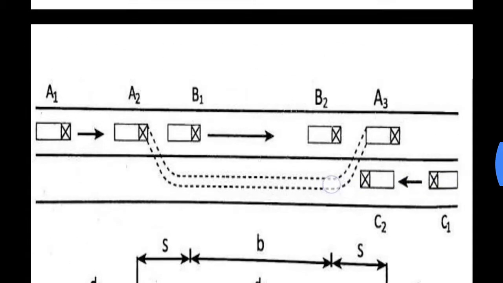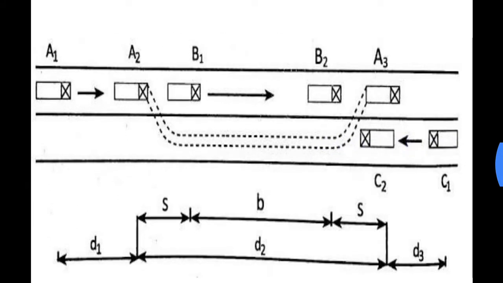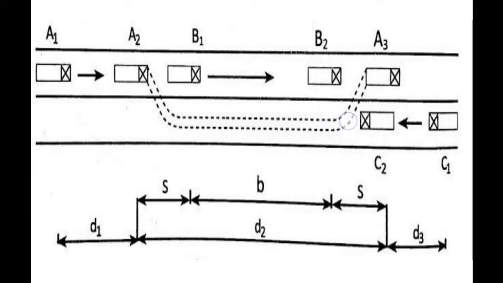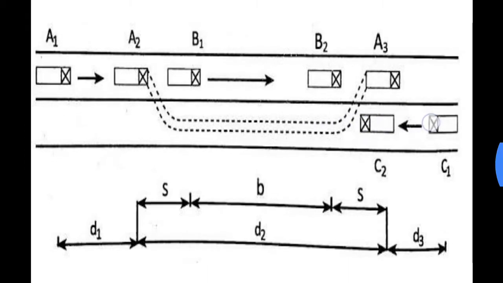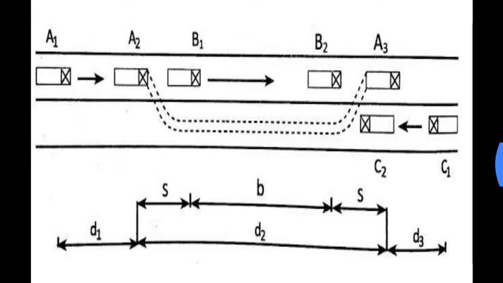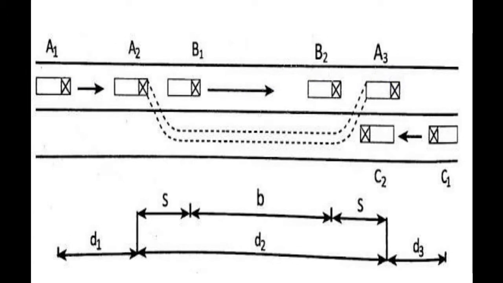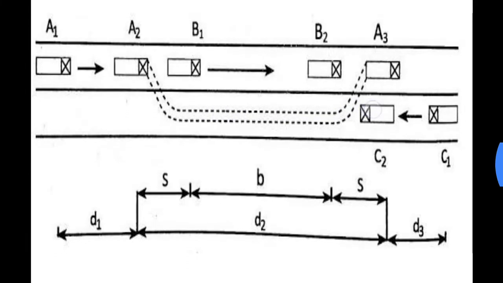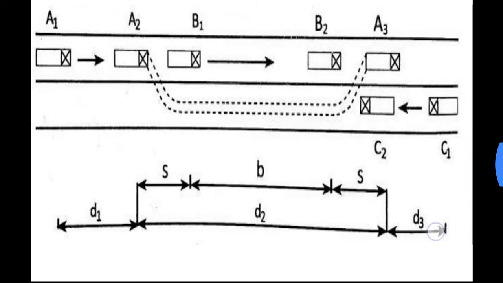As we discussed earlier, we need a safe overtaking distance, avoiding any collision with the opposite traffic. Hence we need to consider this distance also. When we consider two-way traffic, with this one direction and this the other direction, the OHD would be d1 plus d2 plus d3.